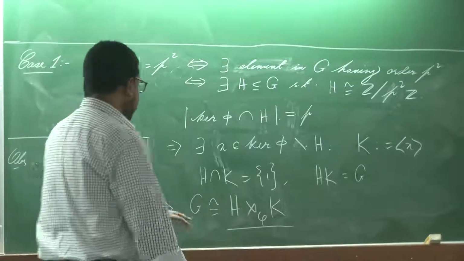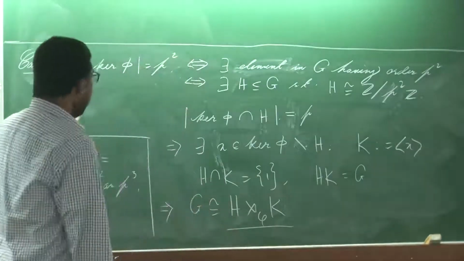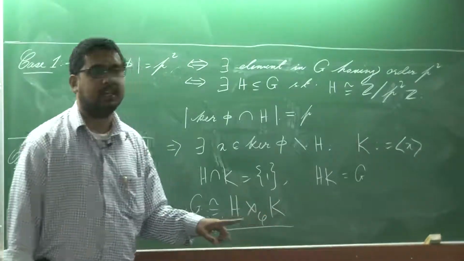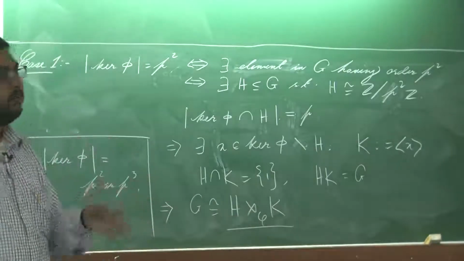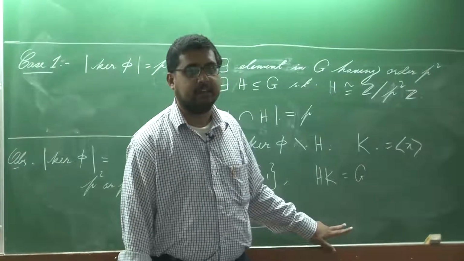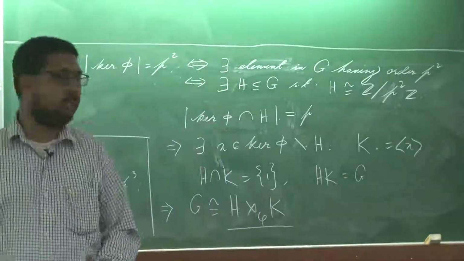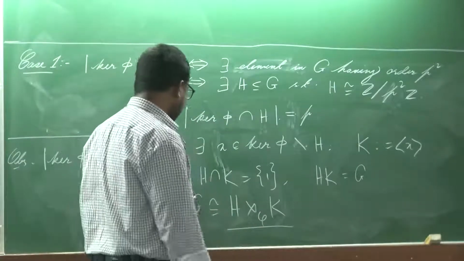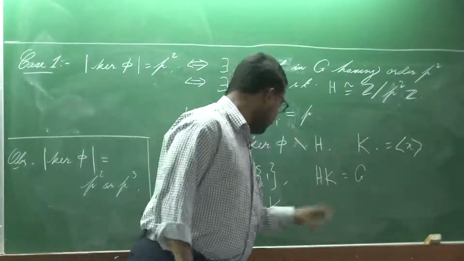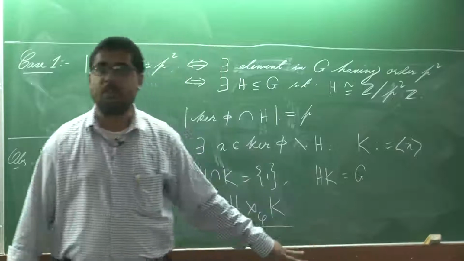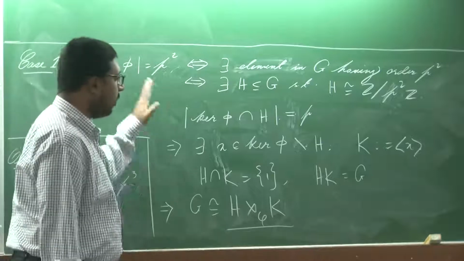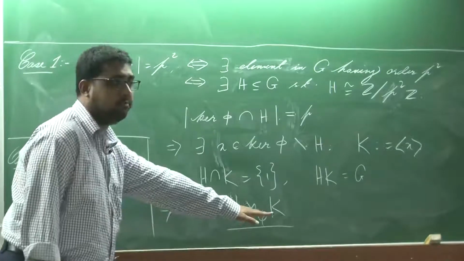So you see that in this case G must be obtained as a semidirect product of Z modulo p square Z and Z modulo p Z with respect to some non-trivial homomorphism. That's what we have seen. G has to be of this form.